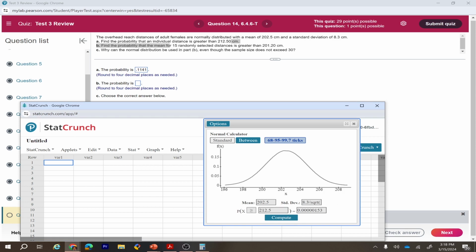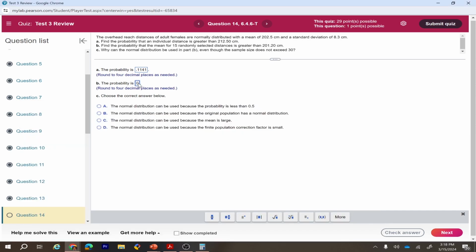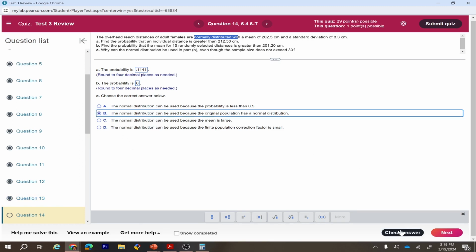So the probability is 0.0000, so if you round it to the 4 decimal place, it's 0. Okay, choose the correct answer. Why can the normal distribution be used in part B? Because the original population is normally distributed. It's similar to question number 30. The normal distribution can be used because the original population has a normal distribution.